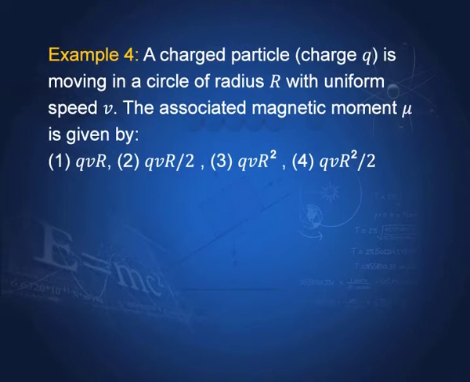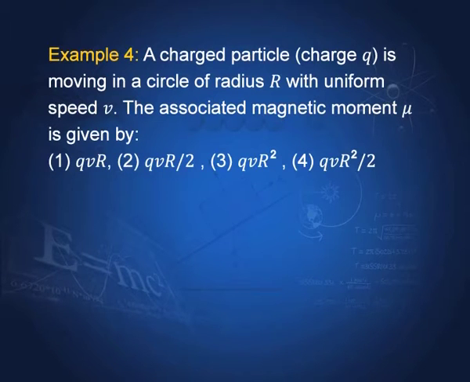Another example: a charged particle whose charge is q is moving in a circle of radius r with speed v. The associated magnetic moment mu is given by... We have a charge moving in a circle of radius r, which is obviously equivalent to a current, and this loop is equivalent to a magnet.